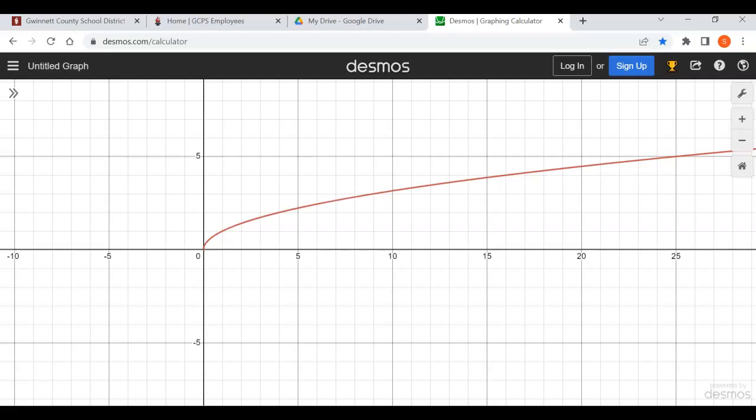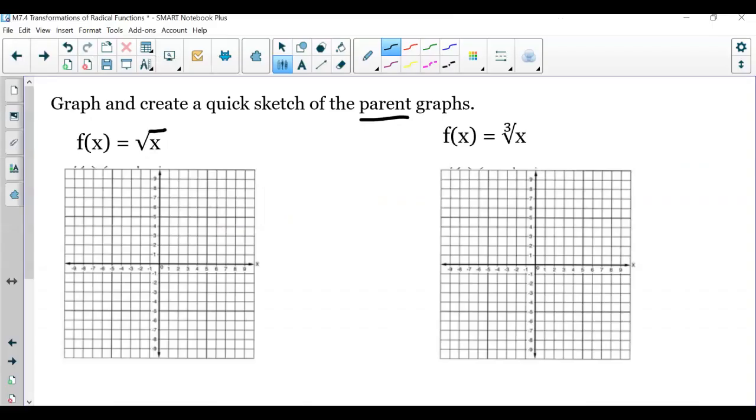Creating that quick sketch, I notice I'm here at the point (1, 1), (4, 2). So that's getting the idea of where we are, and then just estimating. Here at (0, 0), (1, 1), and (4, 2), and then I'll create that sketch here. So that's kind of like our half graph.